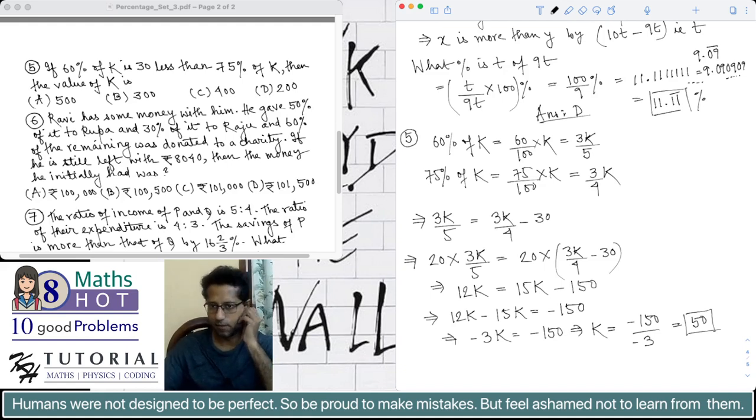Okay, 3 by 4 K. So therefore, we must have 60% of K, which is 3K by 5, is 30 less than 75% of K. So 3K by 5 is equal to 3K by 4 minus 30. Now I'm multiplying both the sides of the equation by 20. So I get 20 multiplied by 3K by 5 is equal to 20 multiplied by 3K by 4 minus 30.